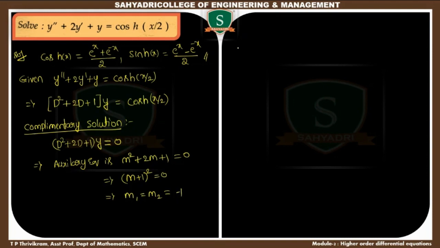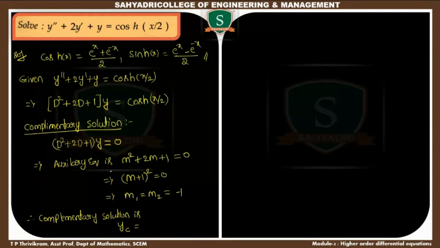Okay, so what is the complementary solution for repeated roots? yc is equal to a first degree polynomial in terms of the integrating constants, that means c1 plus c2 x, into e power the repeated root, minus 1 into x.